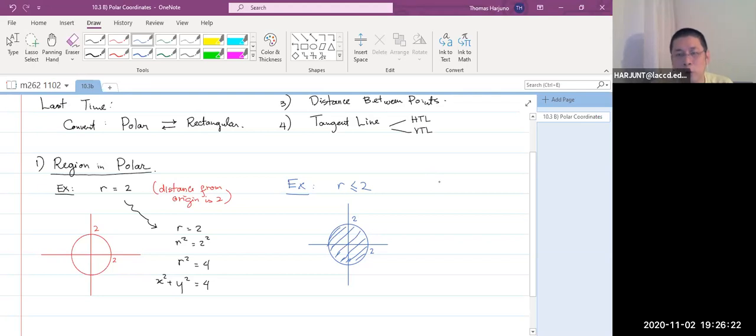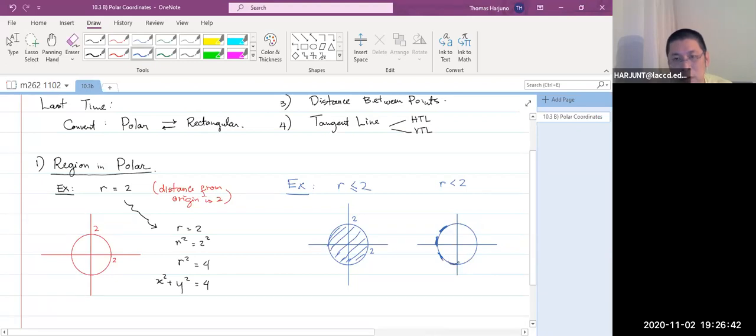Now, if we don't include 2, strictly less than 2, then it will be a circle. Okay, let me draw it this way. But on the boundary, I use dashes instead to say that it's not including the boundary, and I shade inside.